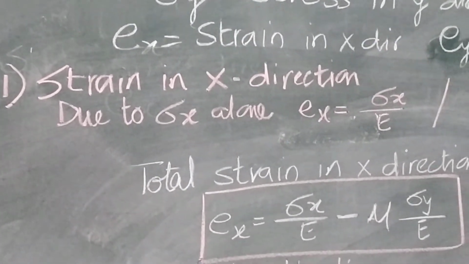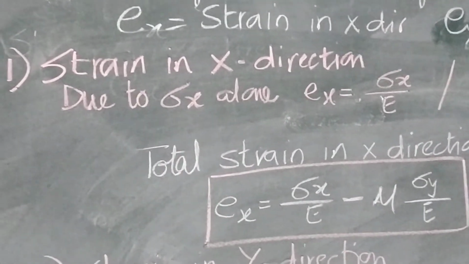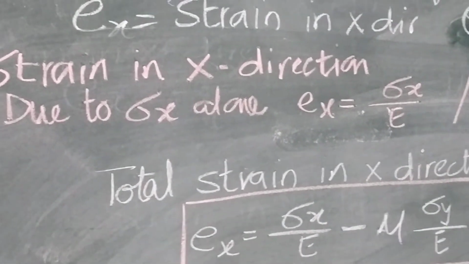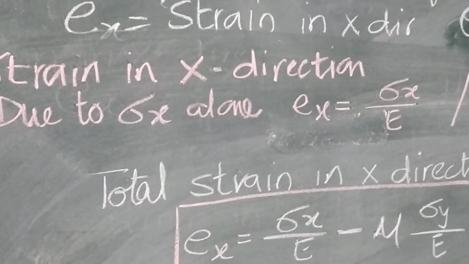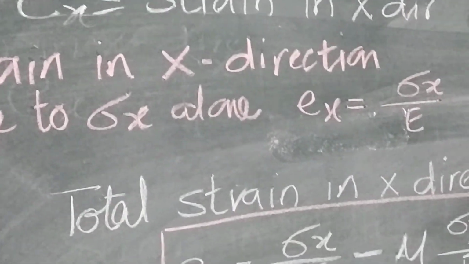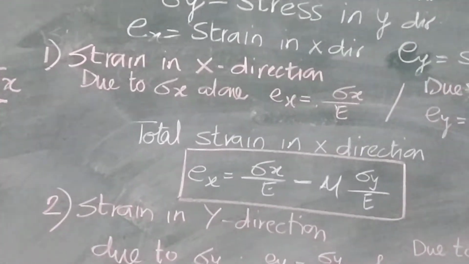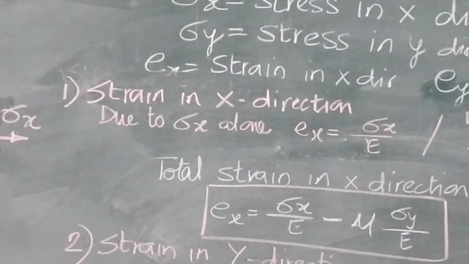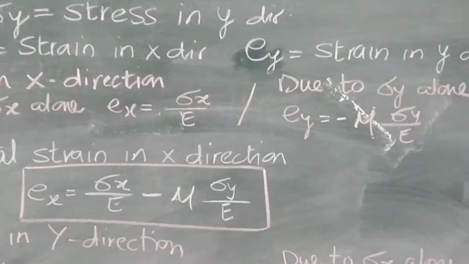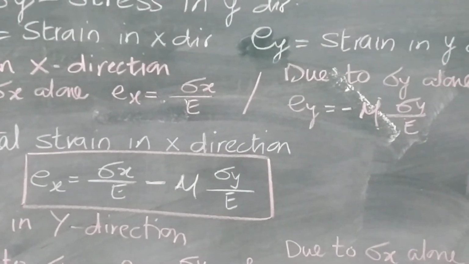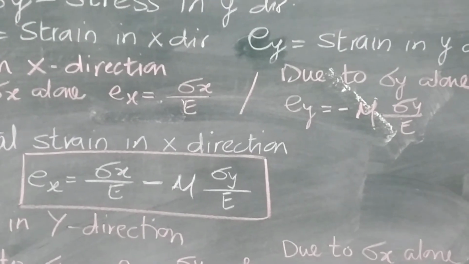So strain in x direction due to sigma x alone is Ex is equal to sigma x upon E, that is stress upon Young's modulus, and due to sigma y alone Ey is equal to minus mu into sigma y upon E.